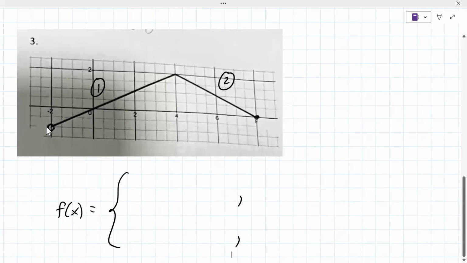So what's the leftmost x value? What's the rightmost x value of this first piece? The leftmost, would that be -2? -2 less than x, and up here at the top is 4.